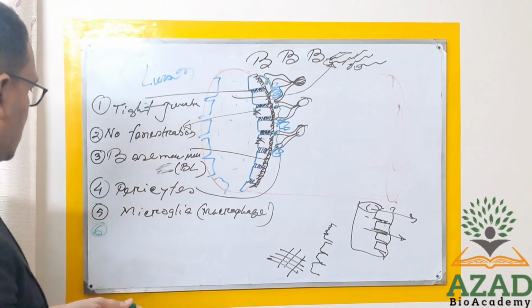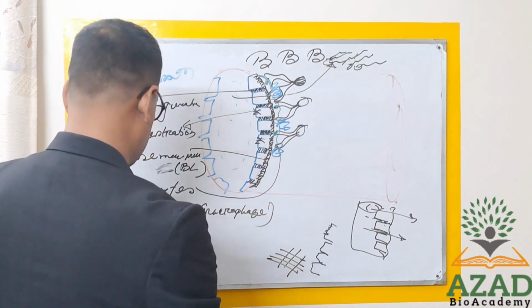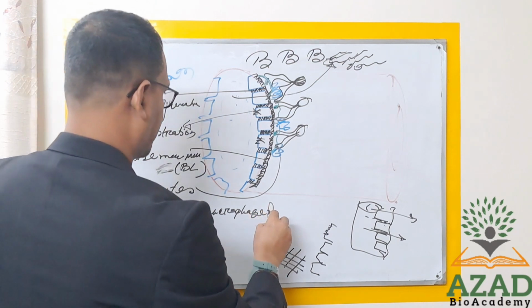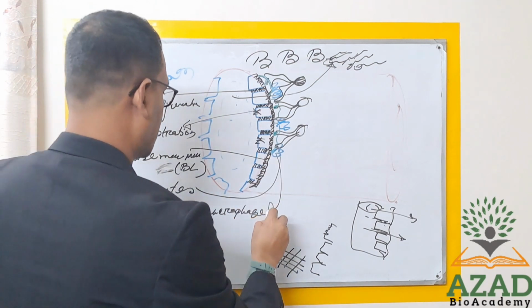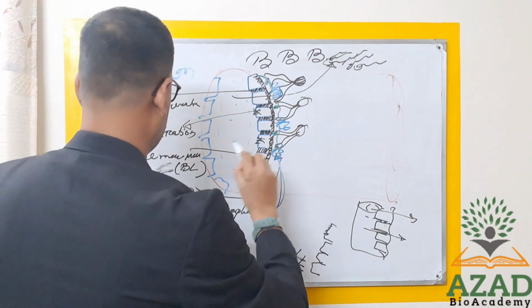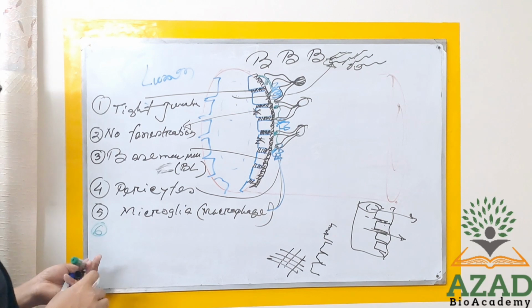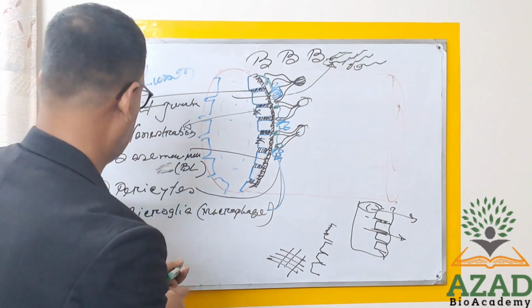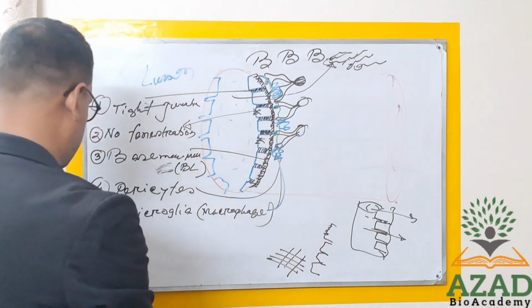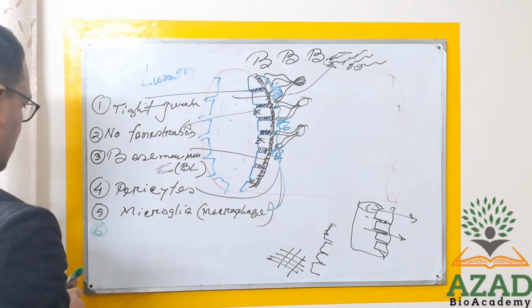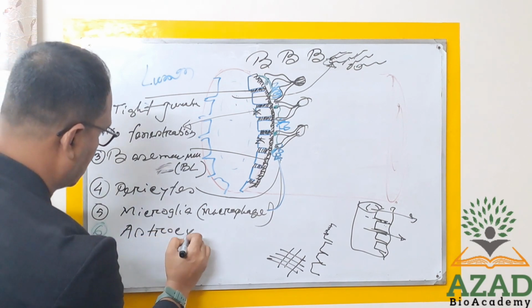Okay, these are called astrocytes. The green color is microglia. And now here is an astrocyte.